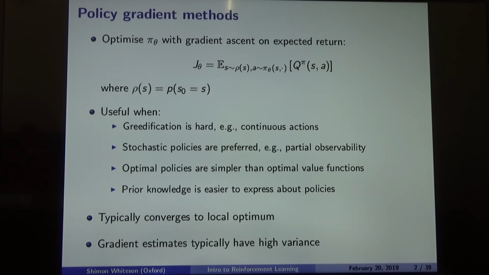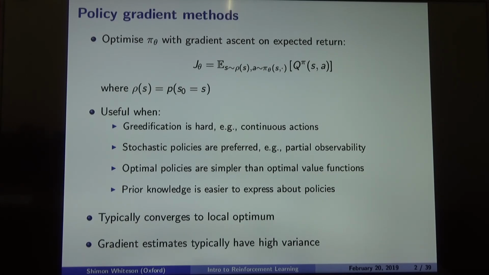Or, again, if we have prior knowledge about how to solve the task, and that prior knowledge is in the form of the policy but not the value function, then we may prefer to use policy gradient methods because they rely on an explicit parameterization of our policy. This actually happens a lot because you may have prior knowledge that says, for this task, the policy will have the following hierarchical structure, or the policy should always do this, and I just don't know the magnitude of the action it should take or something.